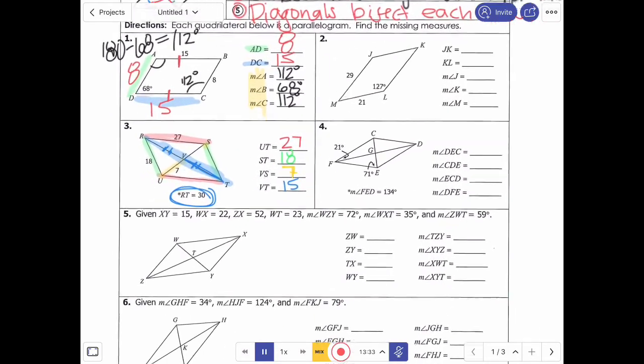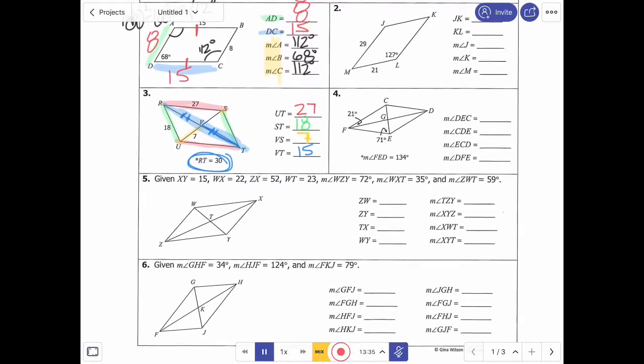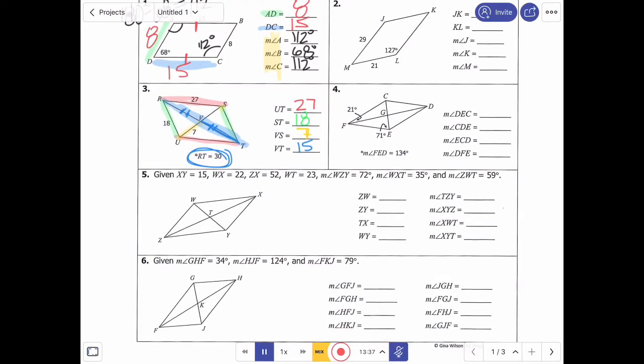Alright. Number 5. 5's going to be tricky because I have to actually put in where all this stuff goes. So hopefully I can do this as neatly as possible. I'm going to pause and try to mark this up so you're not just watching me mark everything and making a mess.